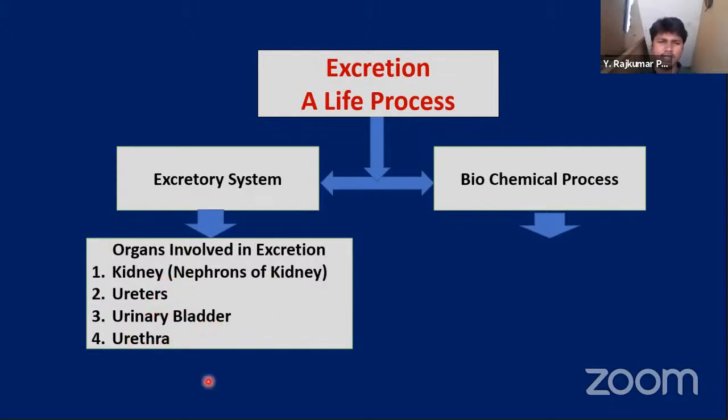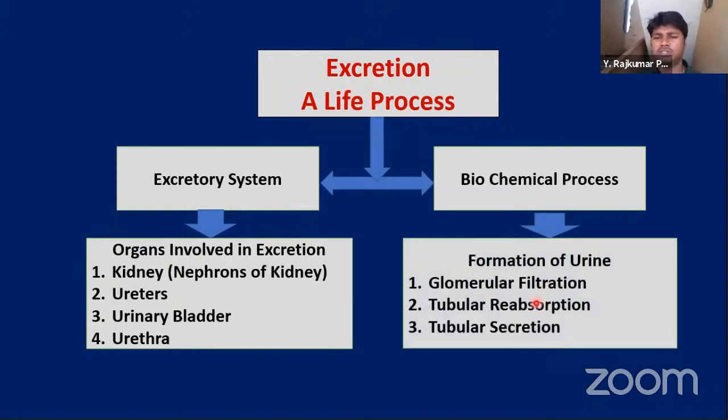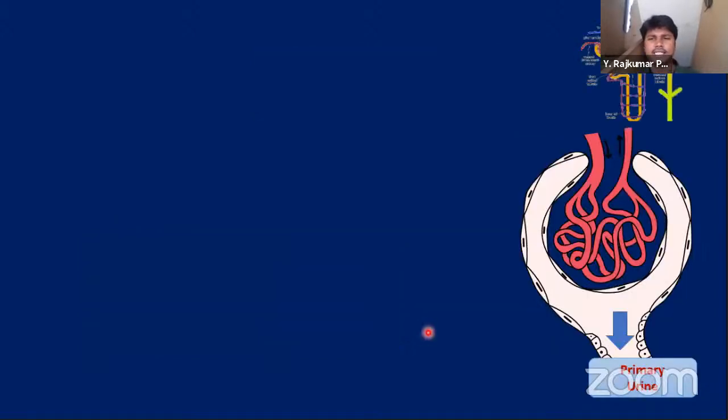We have studied this in the excretory system. Under the biochemical process, we study the formation of urine. This is the 8 marks question and most important. Under the formation of urine, there are 3 steps: glomerular filtration, tubular reabsorption, and tubular secretion.